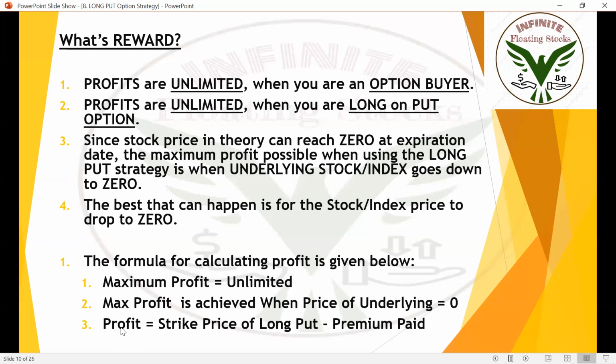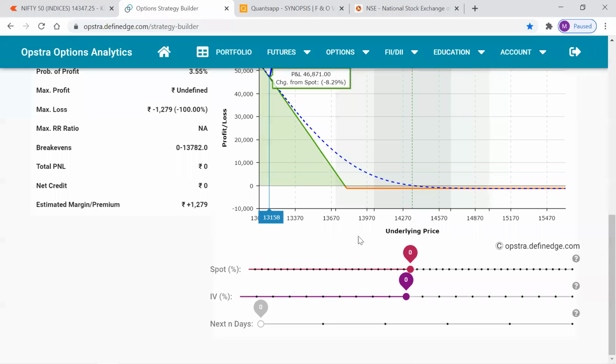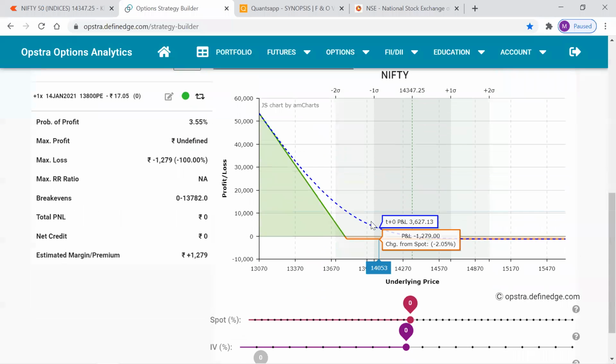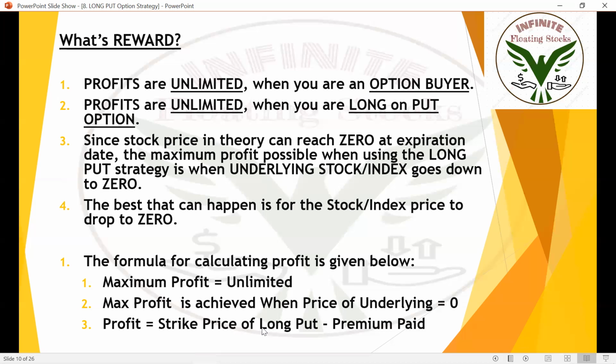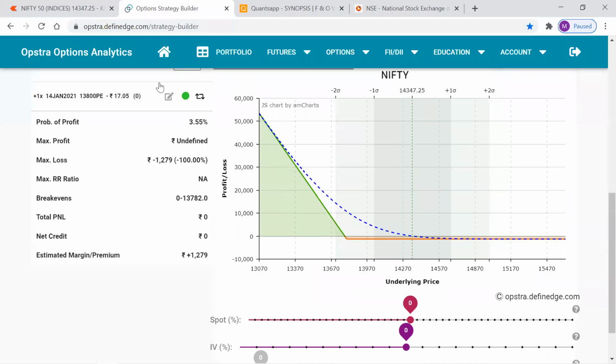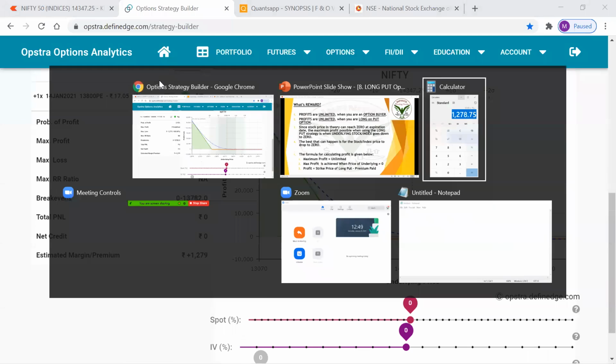So profit is strike price of long put minus premium paid. If you don't understand this formula, no problem. Get on to the payoff chart or payoff diagram, you're gonna understand it. Now see, what's the formula for profit? Profit is strike price of long put minus premium paid. Let's get on to calculator.